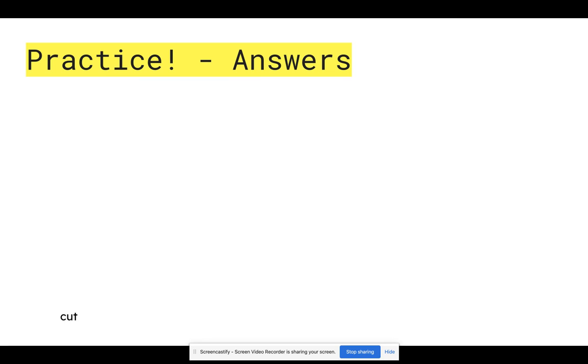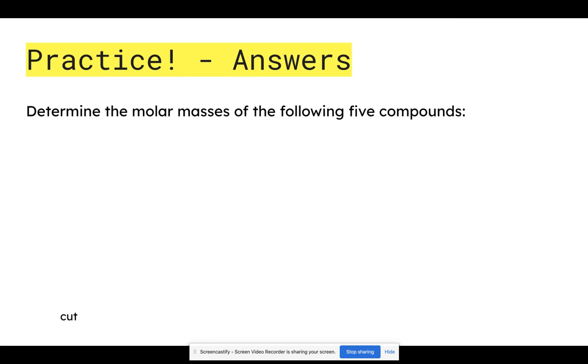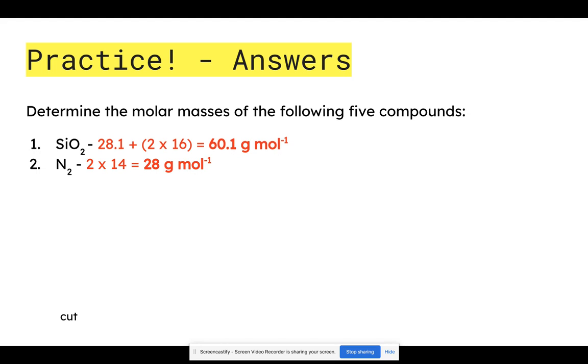Okay, answers. We have silicon dioxide: 28.1 grams from the silicon, plus 2 times 16 for the oxygen, gives 60.1 grams per mole. Nitrogen gas: 2 times 14, because each nitrogen in that molecule is worth 14 grams, gives 28 grams per mole.